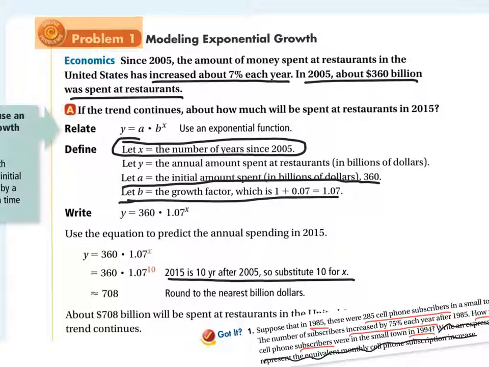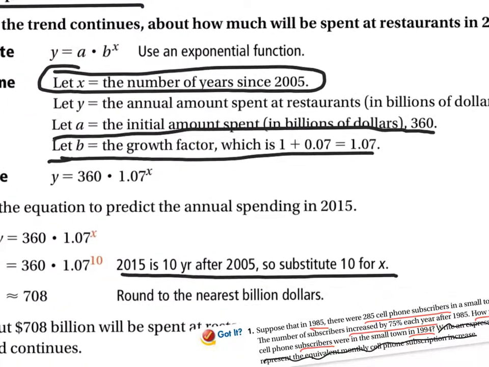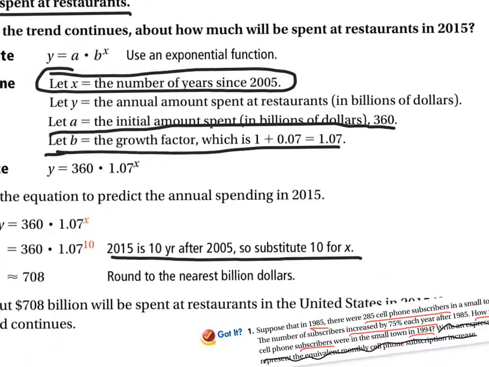Okay, so the variables we're working with: X represents the number of years since 2005. Y is the annual amount spent at restaurants in billions of dollars. A is the initial amount spent in billions of dollars, and B is the growth factor.